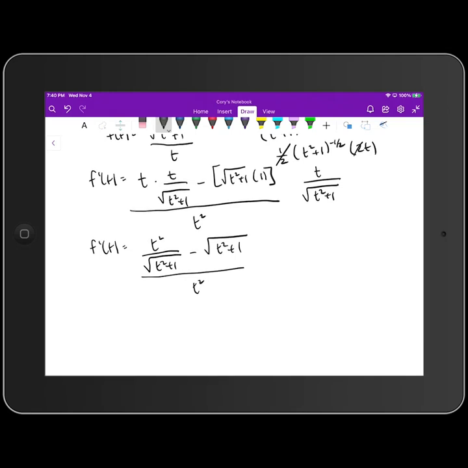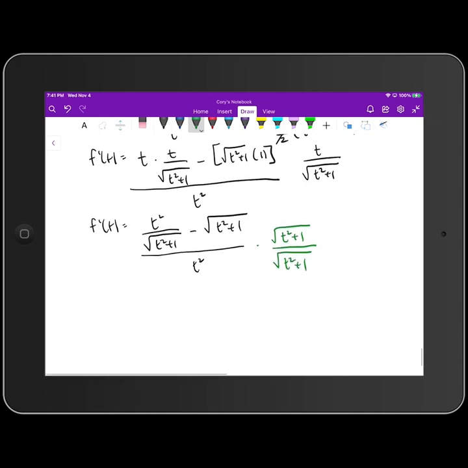Now we've simplified stuff like this in class already. So we have a complex rational expression here. I want to multiply the numerator and denominator by the common denominator of the smaller fraction, which is rad t squared plus 1. When I multiply that by the first fraction, the rad t squared plus 1's cancel.